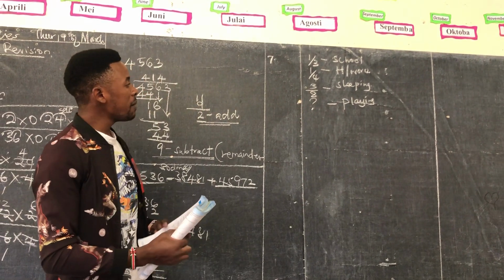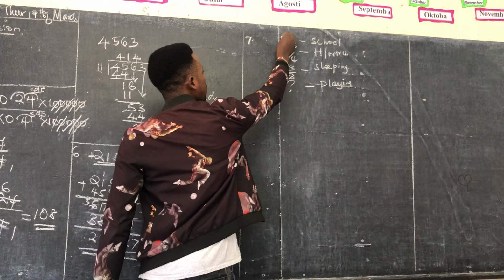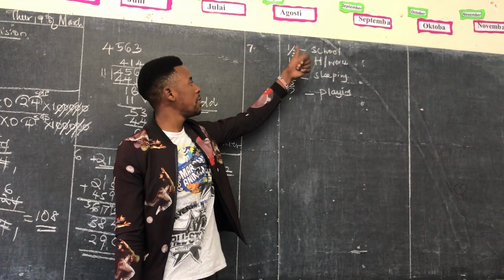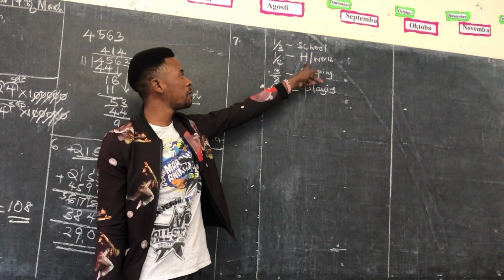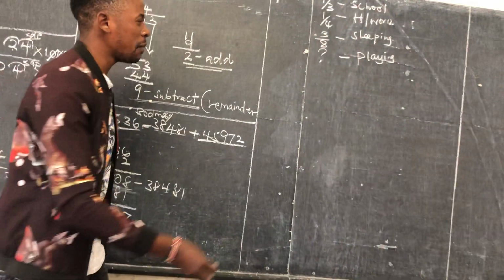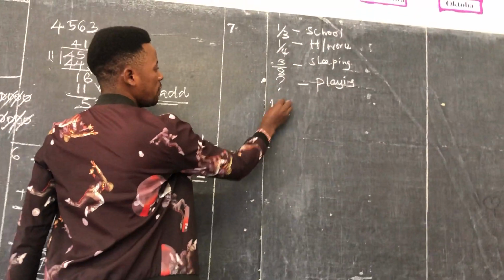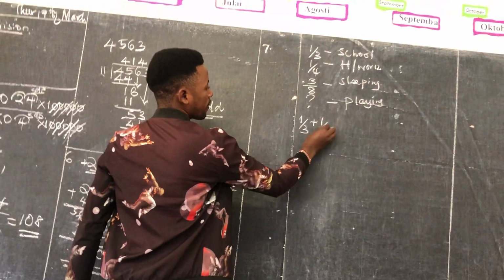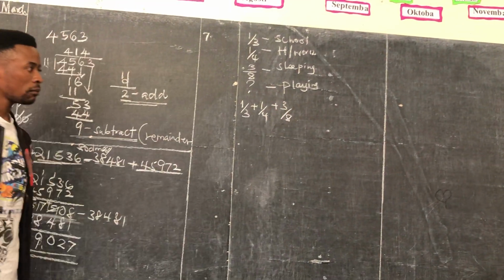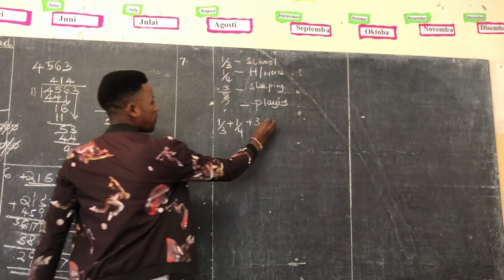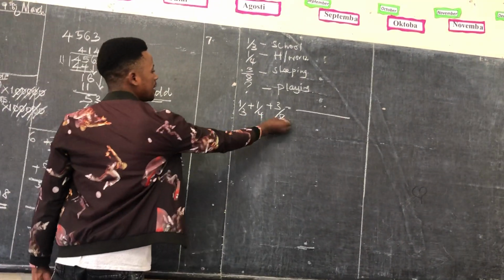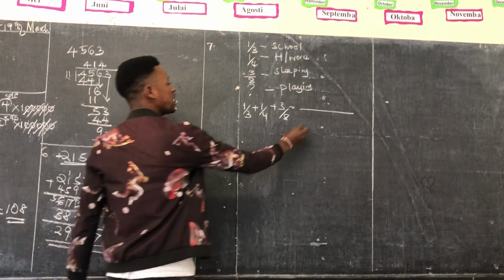Now, we must get the sum of all this. The time that she spends at school, plus the time that she spends doing homework, plus the time that she spends sleeping. So that will give you a third plus a quarter plus 3/8. That means you find the LCM. The LCM of 3, 4, and 8 is 24.